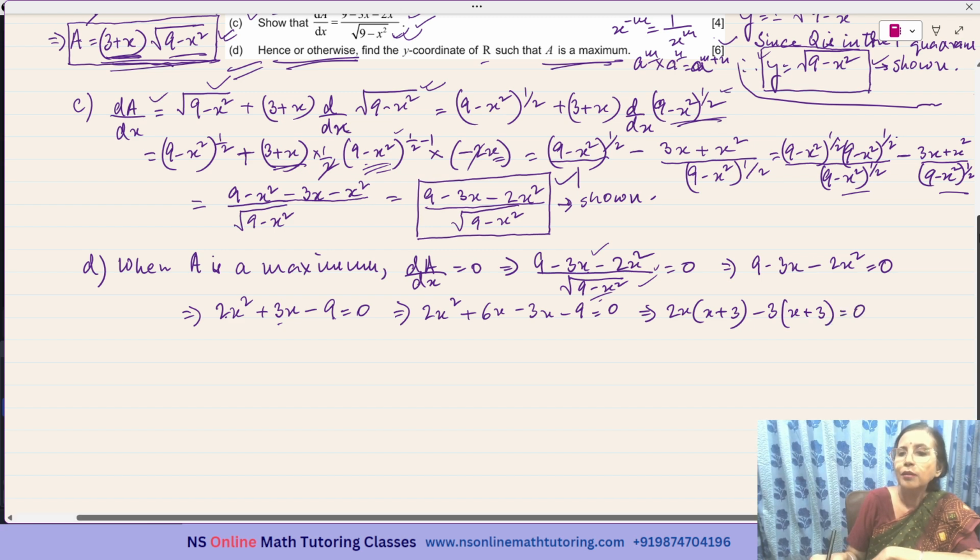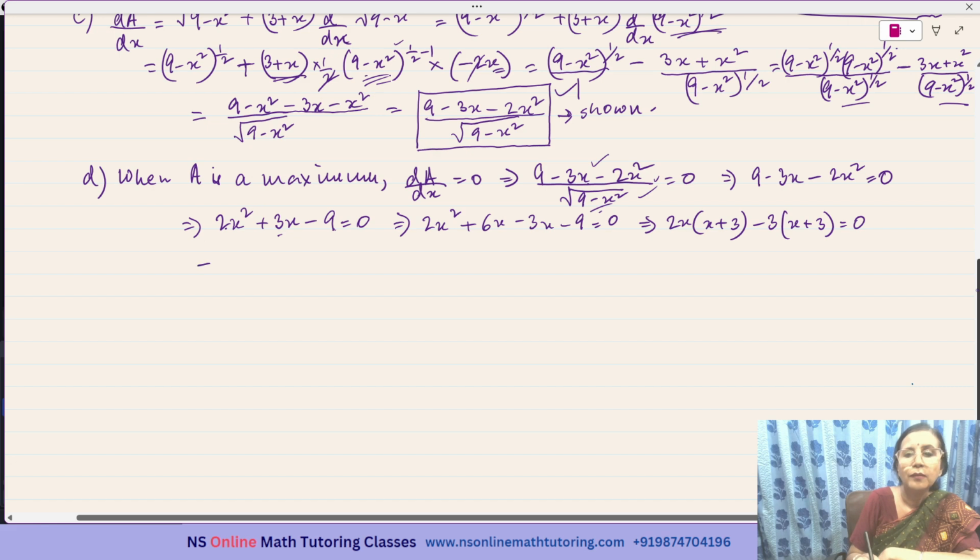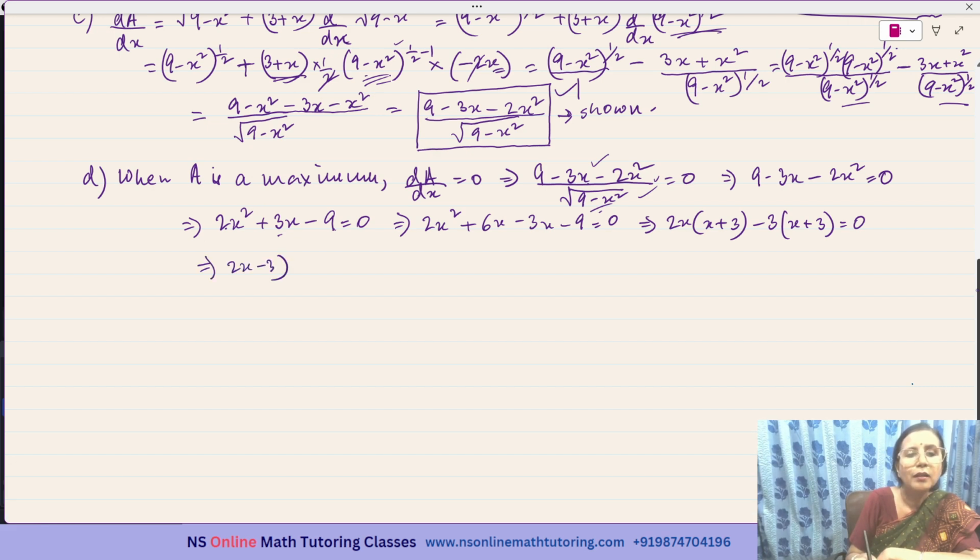Okay. So this gives us 2x minus 3 and x plus 3 equal to 0. So x is equal to negative 3, or x is equal to 3 over 2.